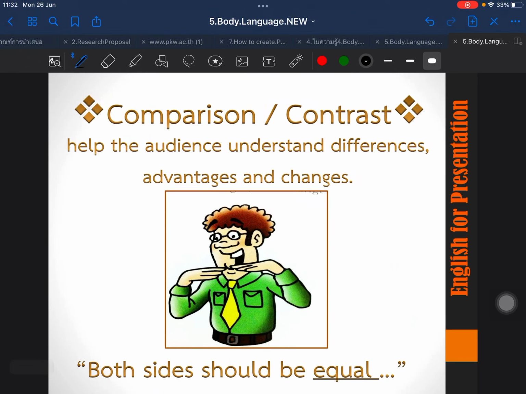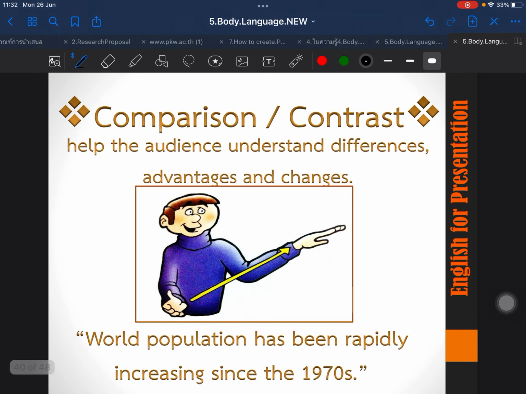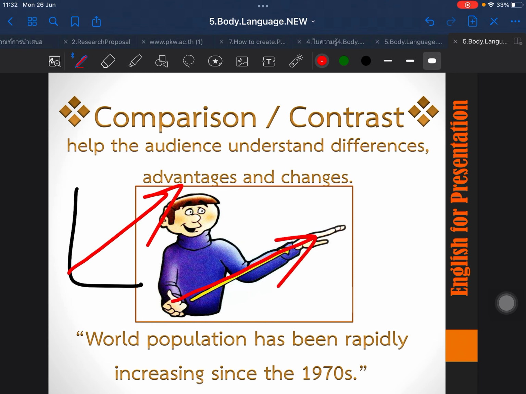And the last one is about comparison and contrast. The first one is about equal, right? So as you can see from the picture, the palm and the finger hit or touch together, that means equal. And also, if you want to explain the graph, for example, the trend of the graph is increasing like this, so the left hand is moving up. But on the other hand, if the graph or the trend is moving down, you just move your hand down.